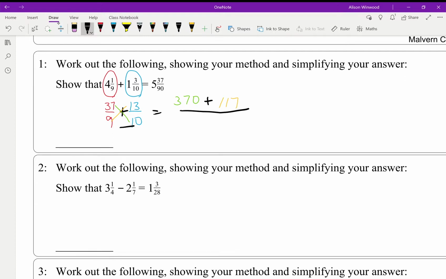Straight multiply to get the denominator, and then do the addition. And then your calculator can convert that back into a mixed fraction.